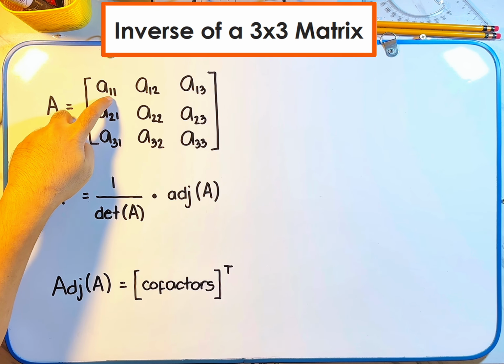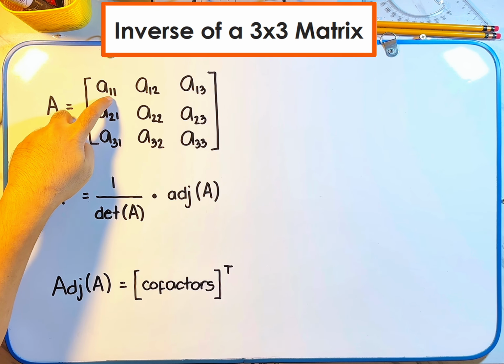Now let's go to minors. The minors of matrix N is the following. For the first element, the element in the first row, first column, we have to find the determinant of these 4 elements. So 0 times 8 is 0, 1 times 2 is 2, so 0 minus 2 is negative 2.